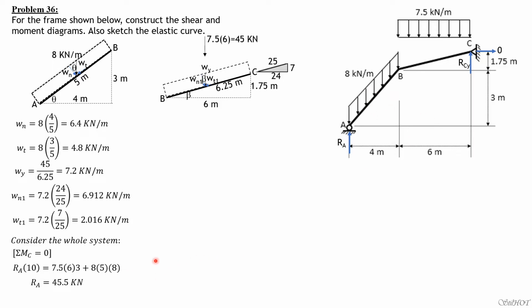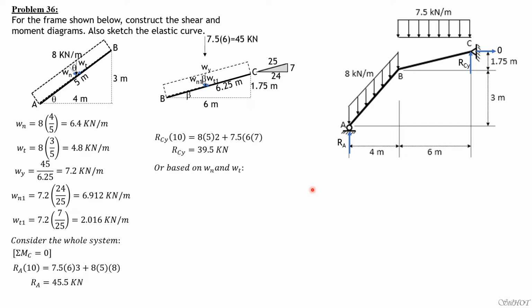So RA is 45.5 kilonewtons vertically upward. That's a roller support. Then for R sub CY, summation of moment about A equals 0: R sub CY times 10 equals 8 times 5, the 5-meter length of AB, times 2, plus 7.5 times 6 times 7, since 3 plus 4 is 7. So R sub CY is 39.5 kilonewtons.